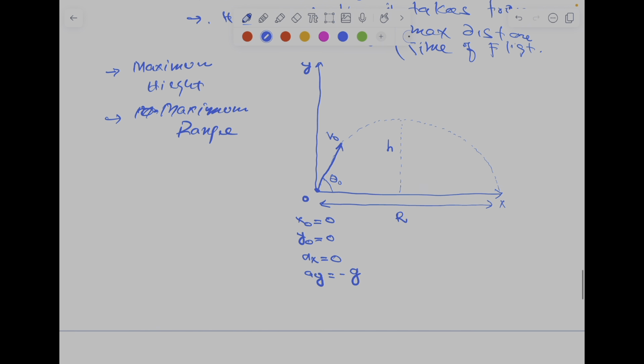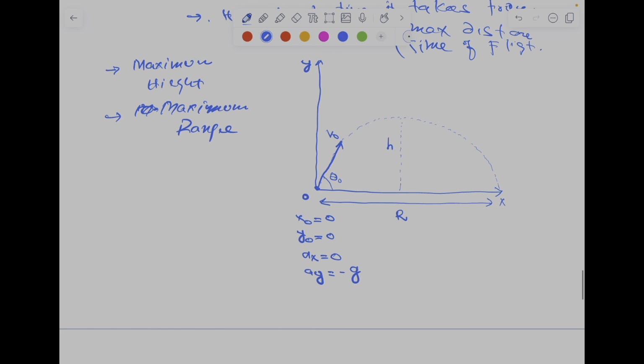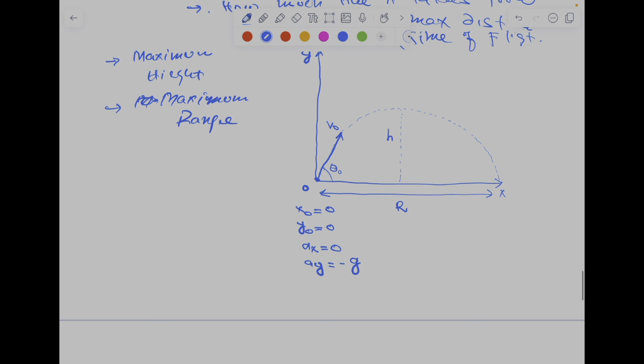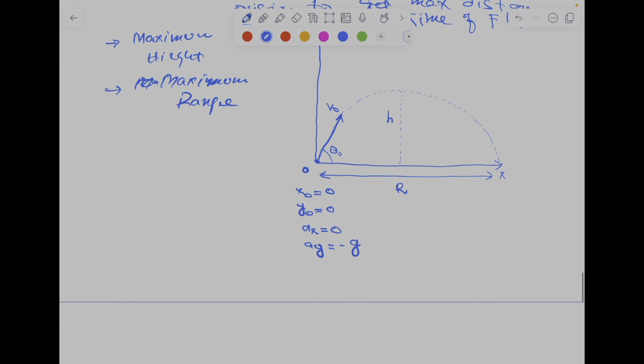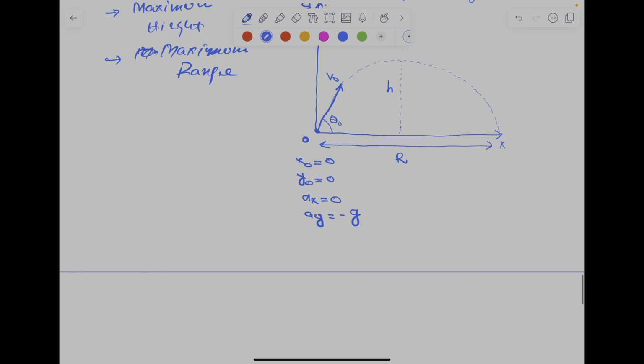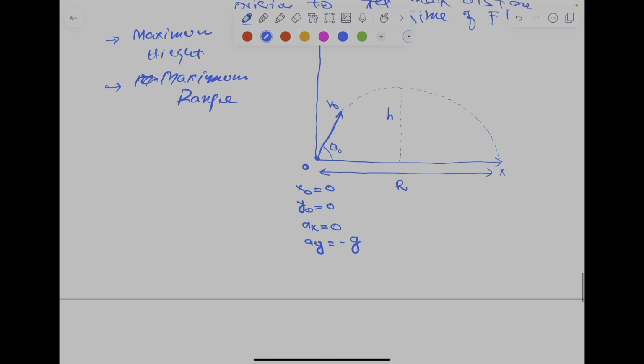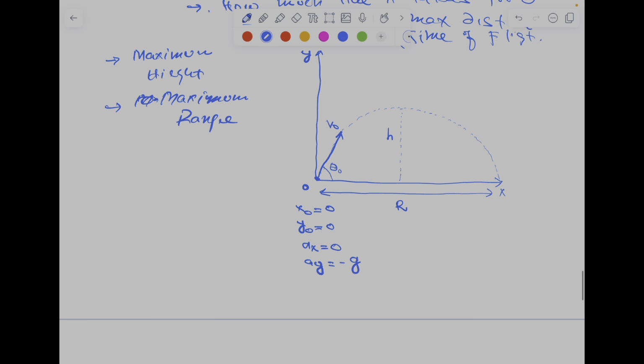When the projectile is symmetric in projection, it moves with this and follows under the action of gravity. So what we wanted to find is the maximum height and maximum range.